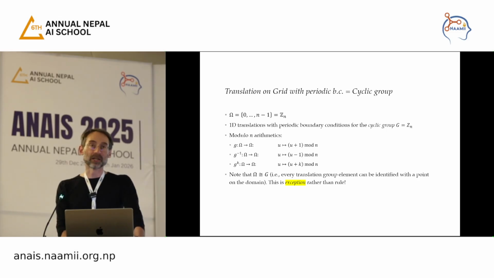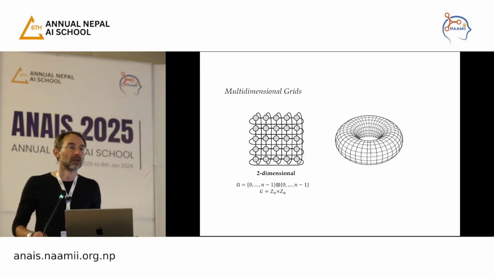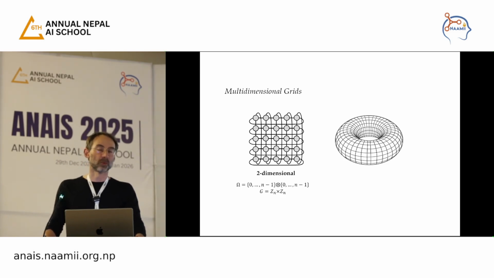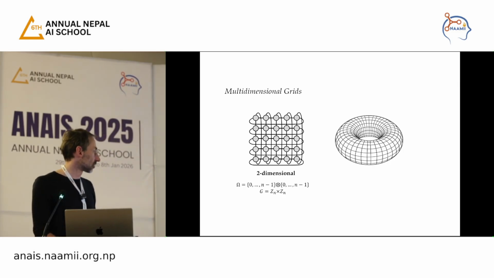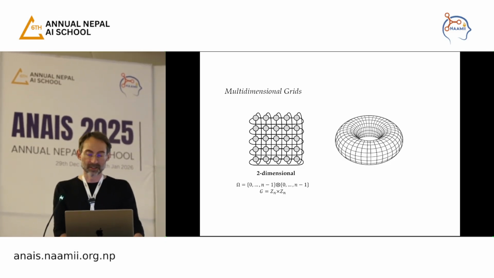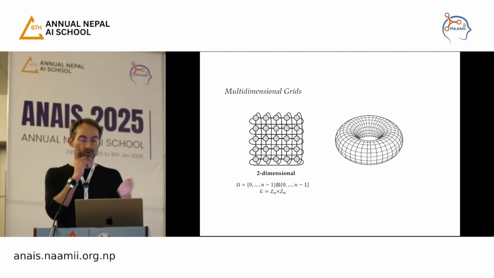This is just the one-dimensional case, so it will be convenient to analyze everything in one dimension. But of course, you can also think of two-dimensional grids. What is a two-dimensional grid? It's just a tensor product of two one-dimensional grids. We denote it by this cross, or the Kronecker product. So it's a product of Zn's. And of course, you need to account for the boundary conditions.